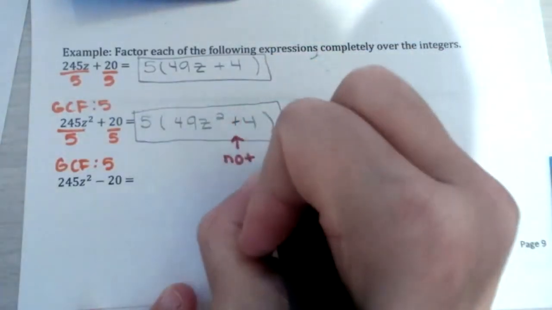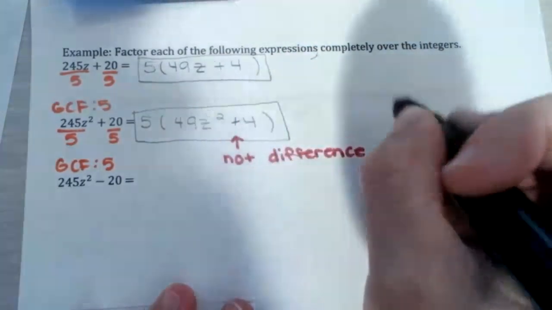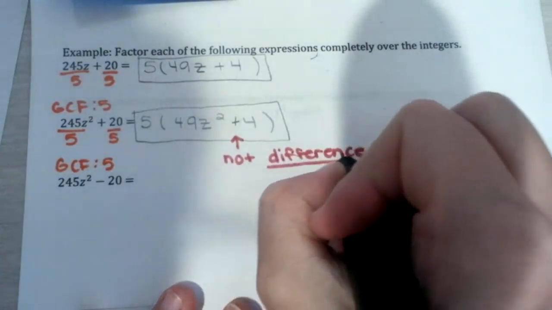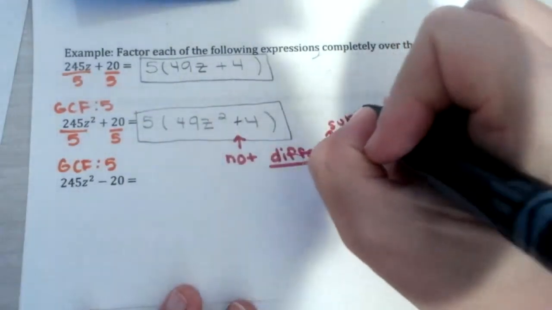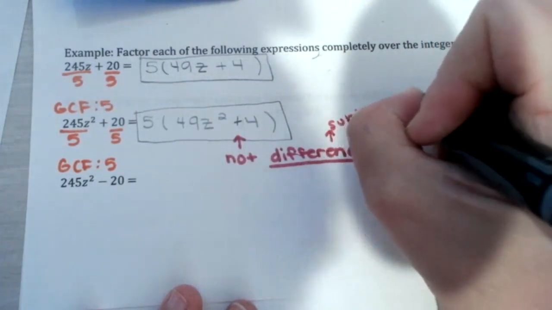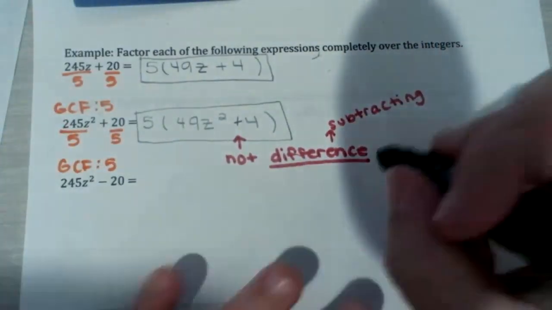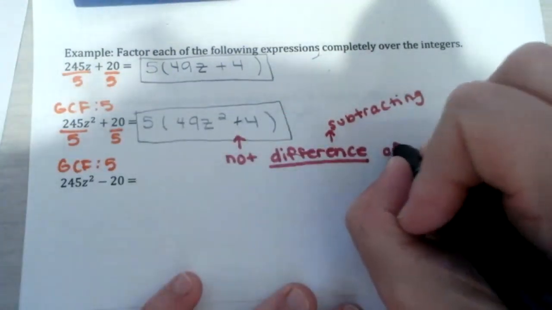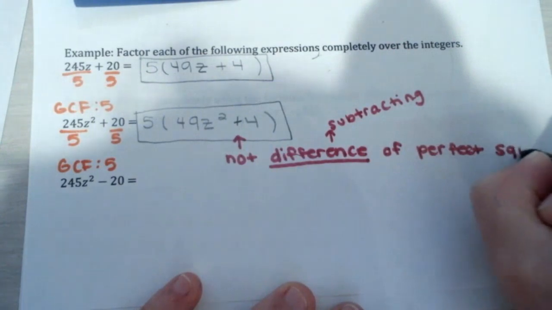So it's adding, so it's not a difference. Remember, difference means subtracting. Of perfect squares.